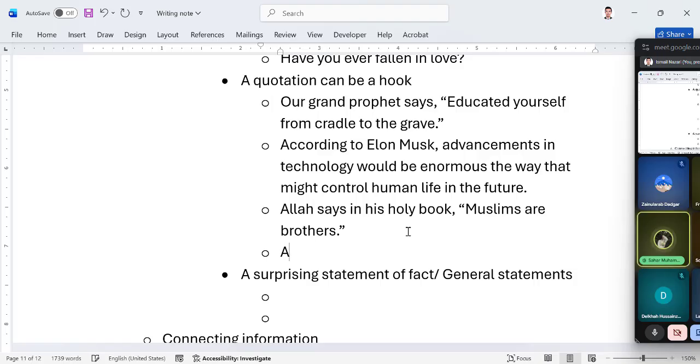Albert Einstein once said, education is not the learning of facts, but the training of the mind to think.